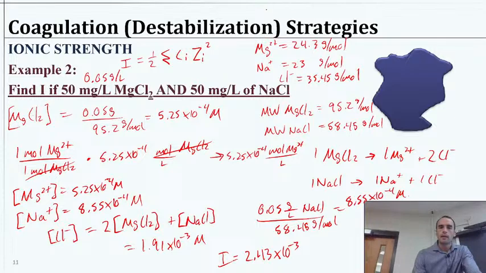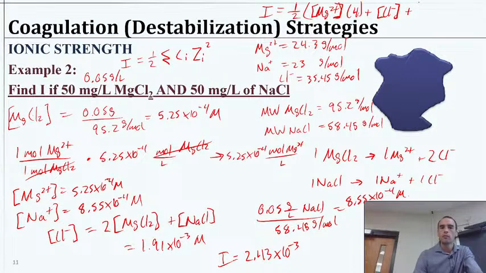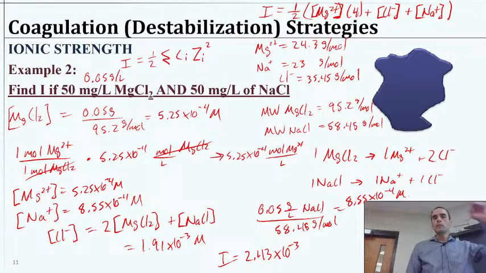Okay, and again, the actual ionic strength equation here would look like this. 1/2 times the concentration of Mg2+ times, essentially 2 squared is 4, plus the concentration of your chloride times 1 minus 1 squared is 1, so I'm just going to ignore it, plus the concentration of sodium times its charge, 1 squared, so I'm going to ignore that as well.